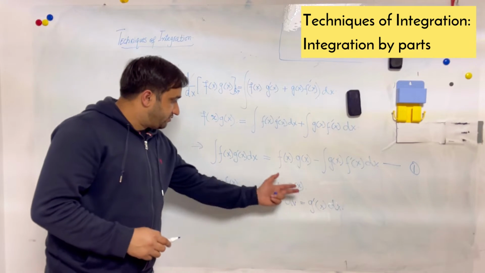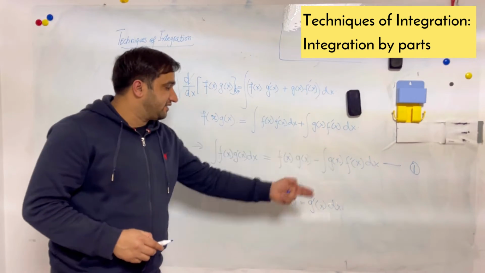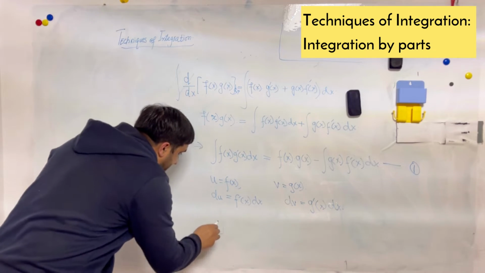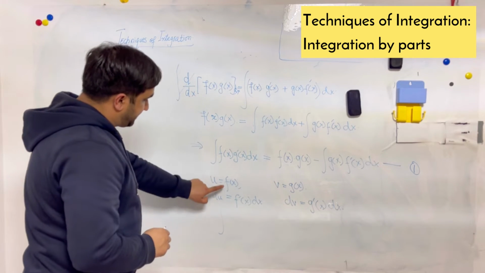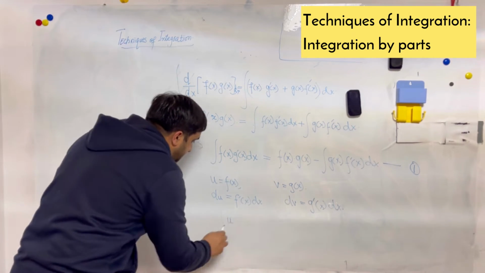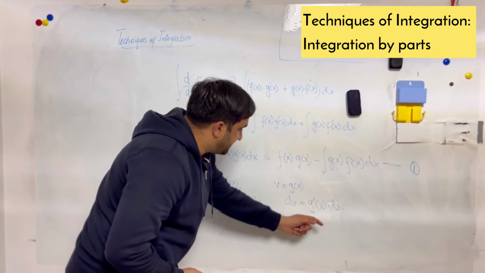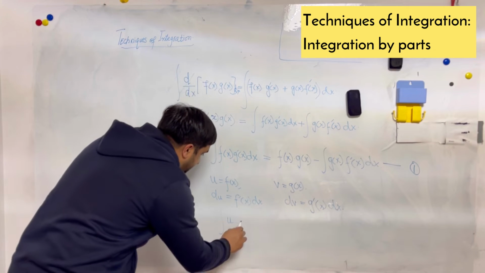If I substitute all these things in equation 1, then it will look like f of x is u, and g dash of x dx is equal to dv.